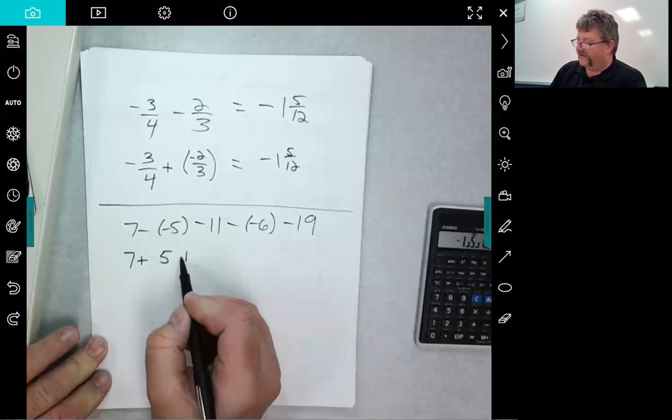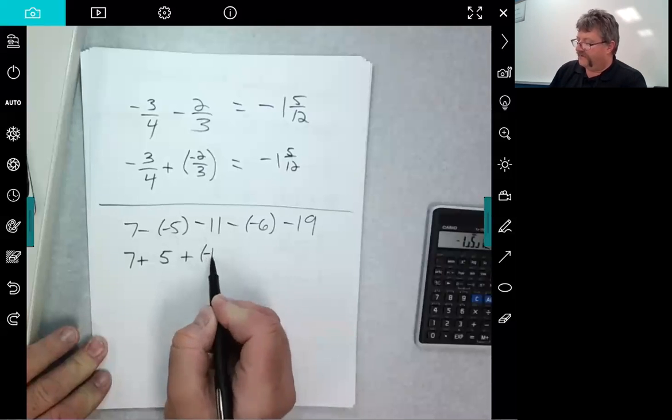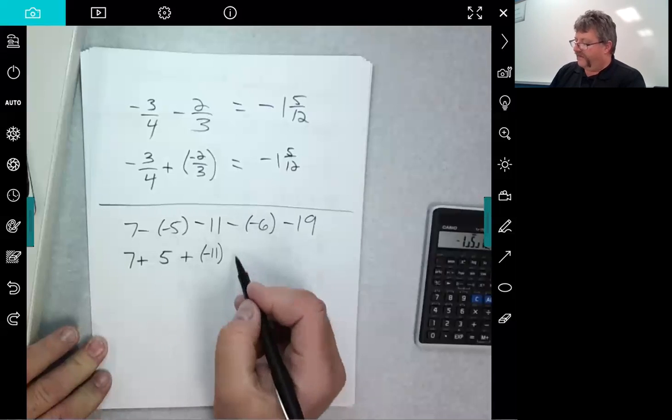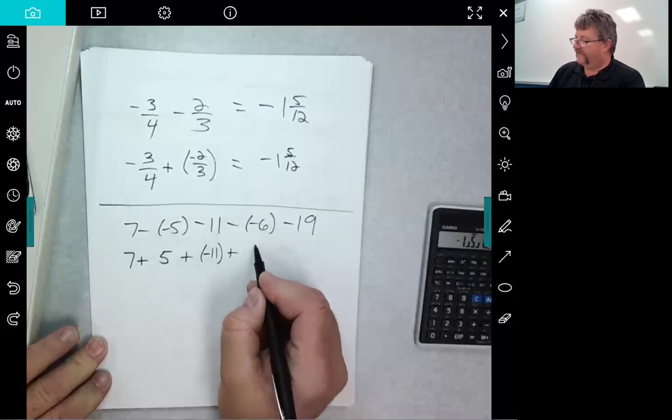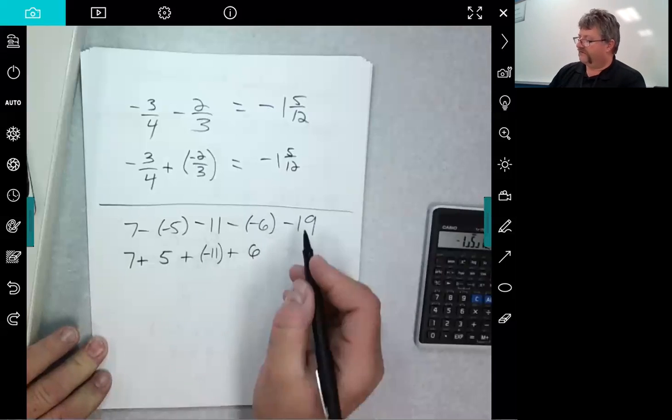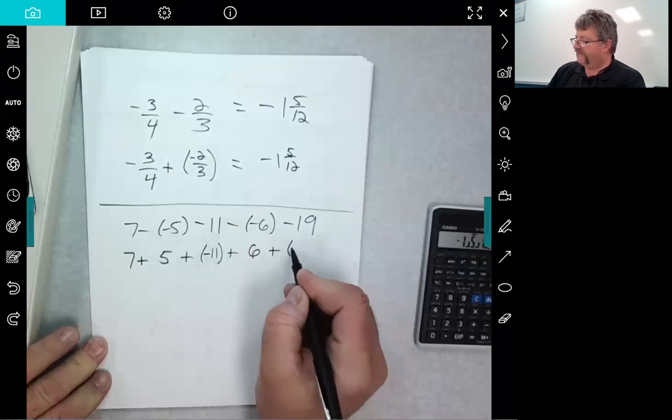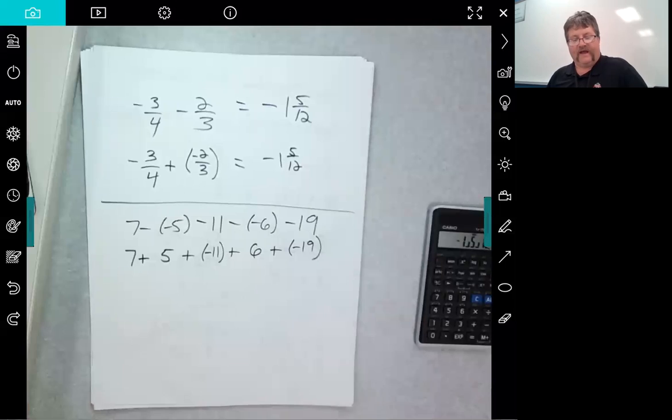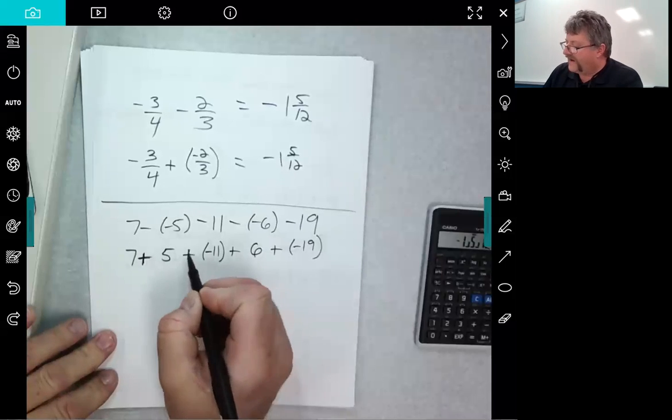This becomes plus. That becomes its opposite, which is negative 11. This becomes plus. That becomes its opposite, which is positive 6. This becomes plus. That becomes its opposite, which is negative 19. Okay, I just changed every subtraction. The whole problem was subtraction, right? Now the whole problem is addition. How does that help me?